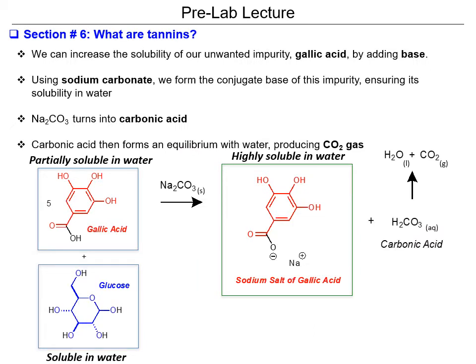We can increase the solubility of our unwanted impurity, gallic acid, by adding base. Using sodium carbonate, we form the conjugate base of this impurity, ensuring its solubility in water. When we do so, sodium carbonate turns into carbonic acid, which then forms an equilibrium with water, producing CO2 gas.